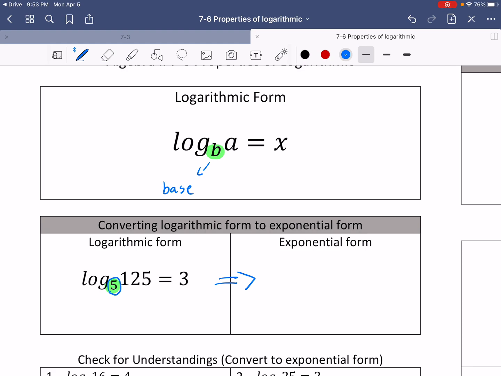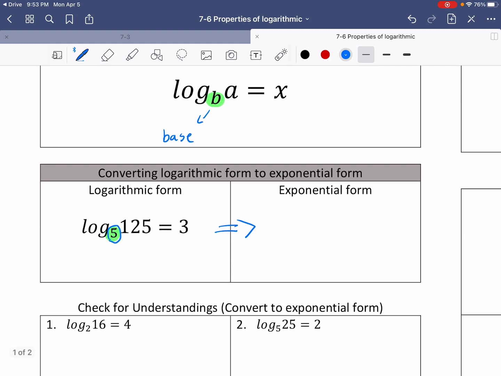But before I explain that, I'll teach you the traditional method. So this base is going to be our base in exponential. And this number we have here, this 3, is going to be our exponent. And that one is going to be equal to 125.